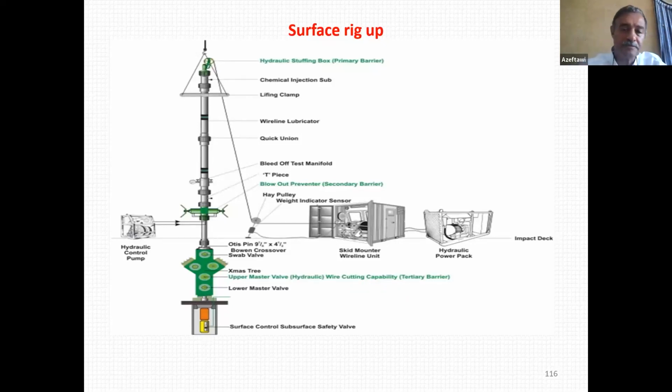My tertiary barrier is the Christmas tree, this one. Which part of the Christmas tree? It is the upper master valve. Why the upper master valve? Because it has, look what I wrote here, it has the wire cutter capability.